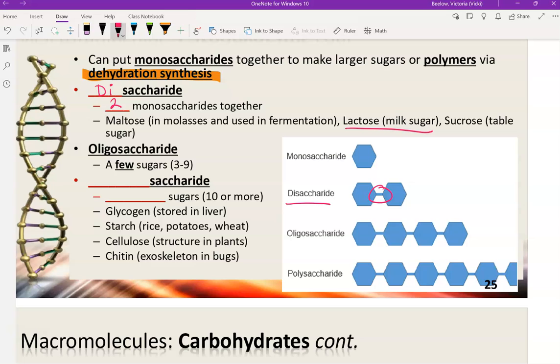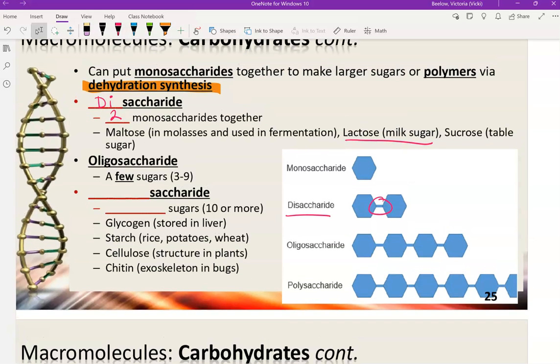And then you have sucrose, which is your typical table sugar. And then, before we get to polysaccharides, you can have what's called an oligosaccharide, which is just a few monosaccharides bonded together. So 3 to 9. So like this one has 4.